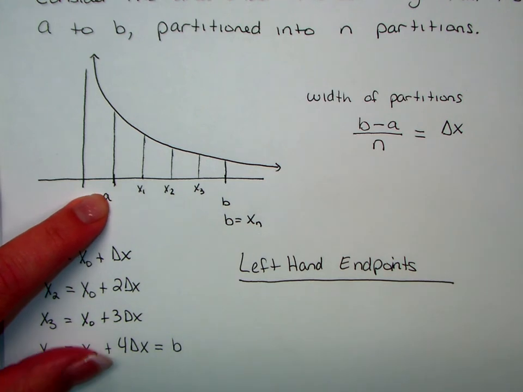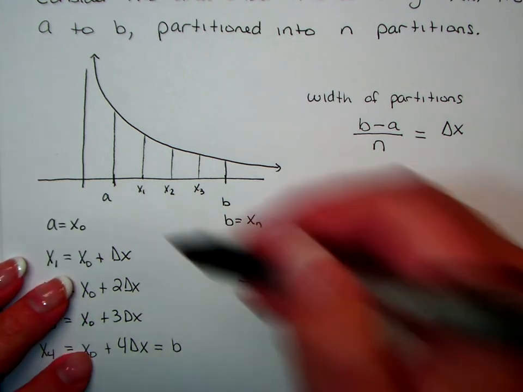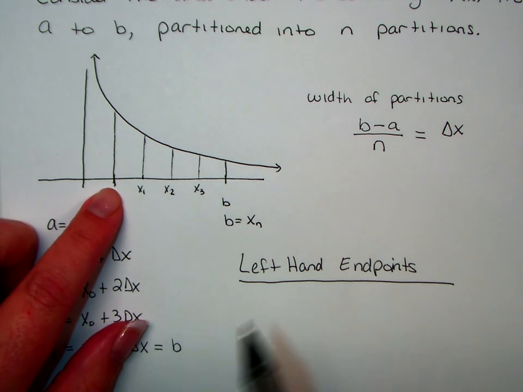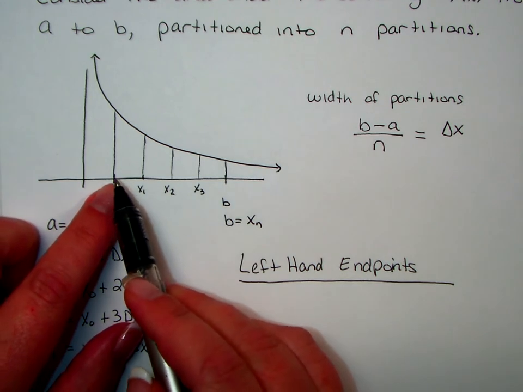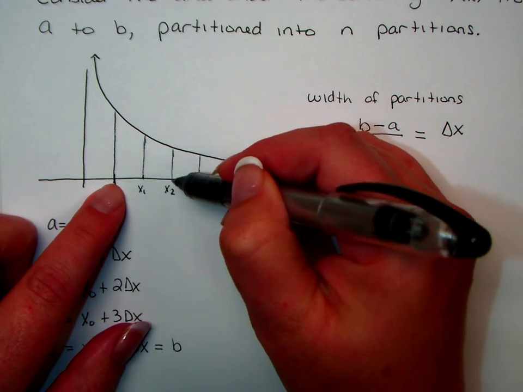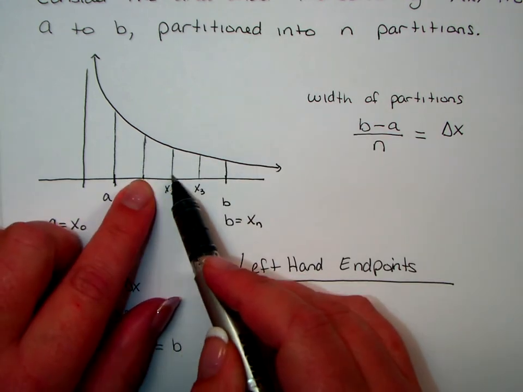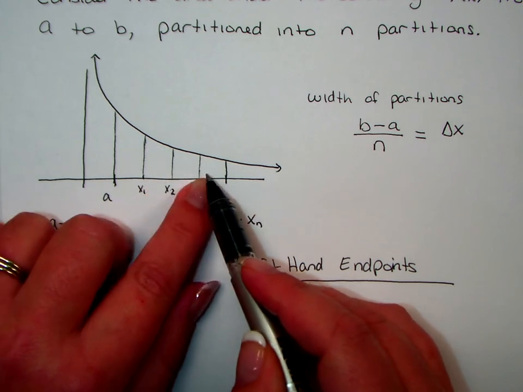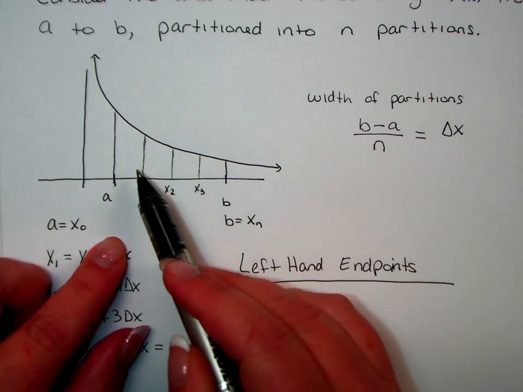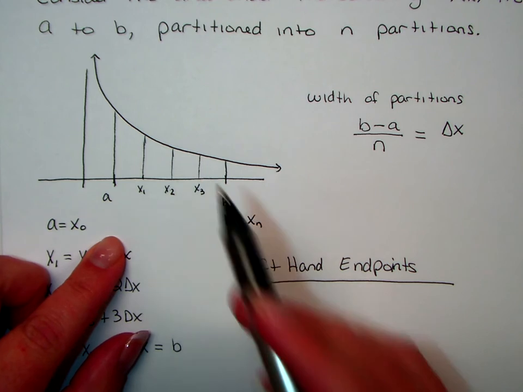That means that the height of our rectangles is going to be the height of the left-hand side. So if you can envision a bunch of rectangles here, we have a left side and a right side, a left side and a right side, a left side and a right side. So we're kind of using the middle partitions for 2 different rectangles.